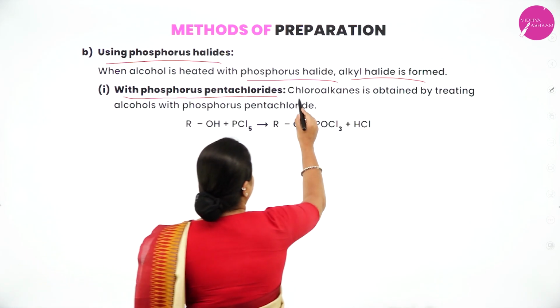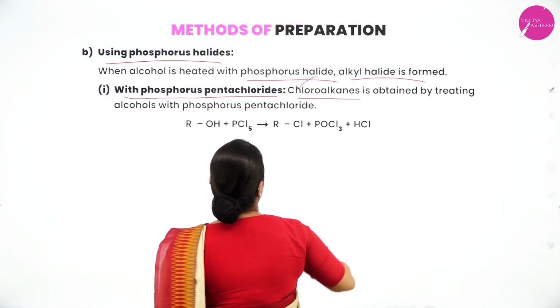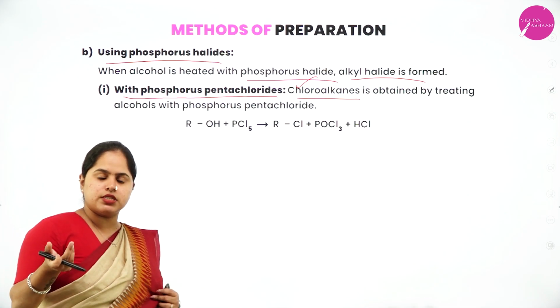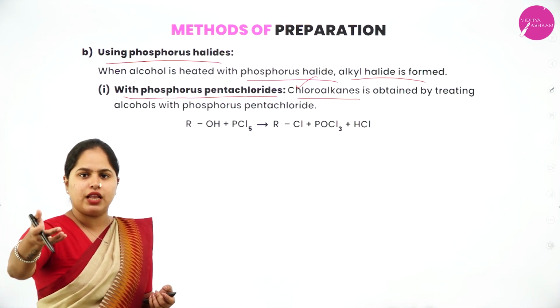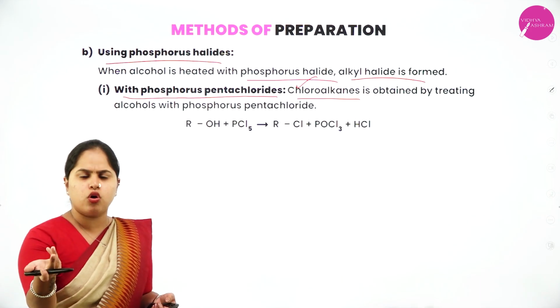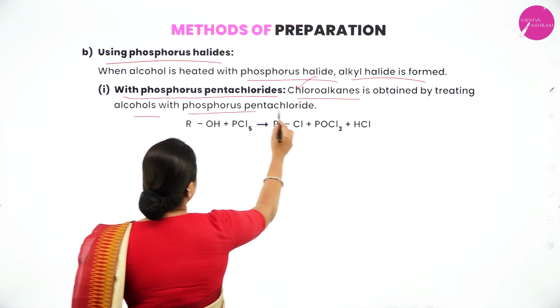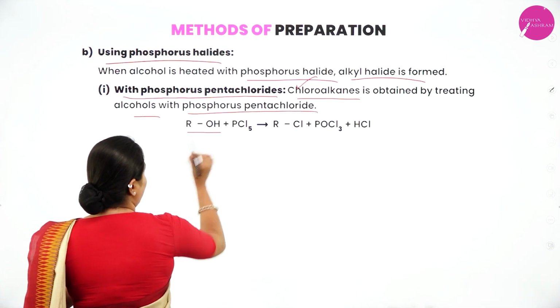Chloroalkanes are obtained, because we are using PCl5, so the halogen present is chlorine, and of course a chloroalkane will be formed when alcohol is treated with phosphorus pentachloride. So this is your alcohol.